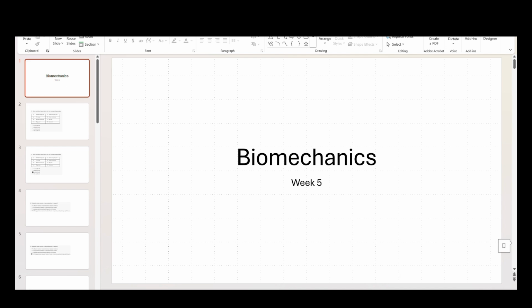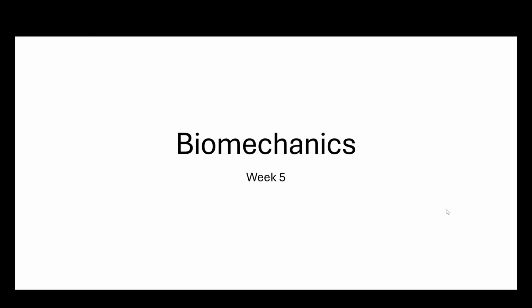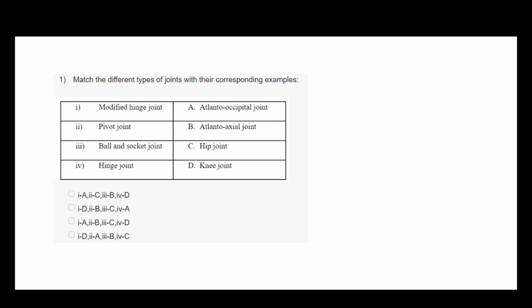Okay. So I'll discuss a few questions that concern this particular week. These are some of the old assignment questions. The first one is to match the different types of joints with their corresponding example: modified hinge joint, pivot joint, ball and socket joint, and hinge joint. So, hinge joint is the knee joint.